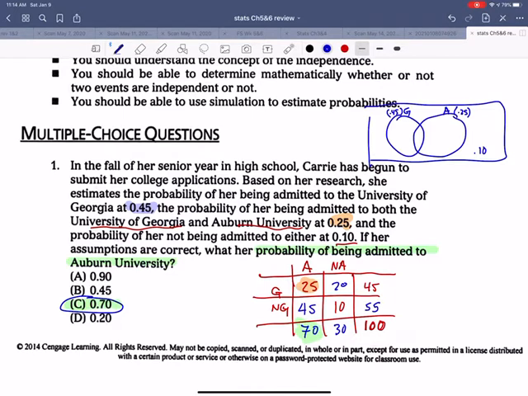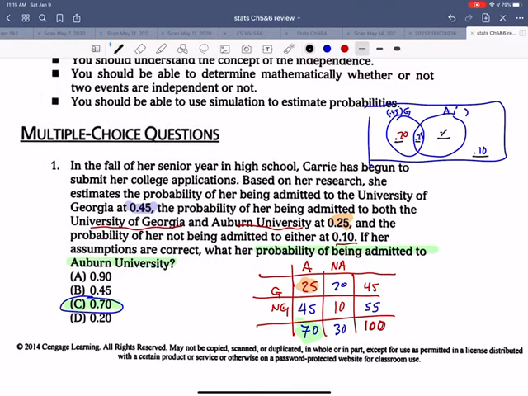And, oh wait, I just filled that out wrong. Sorry. Saying admitted to both was 0.25. Now again, using the complement rule, that's how we come up with that, because we know that those two numbers have to add up to 45. And we know that all 4 slots have to add up to 1.